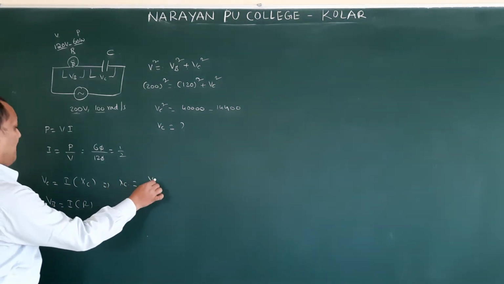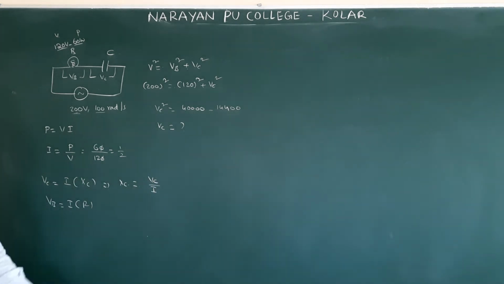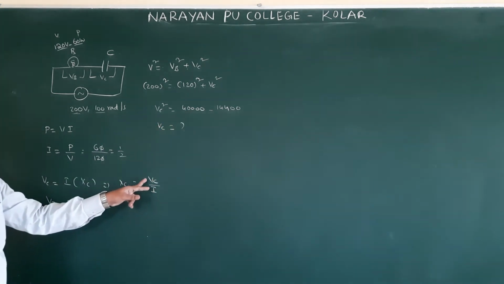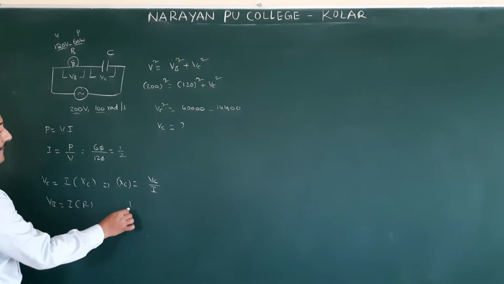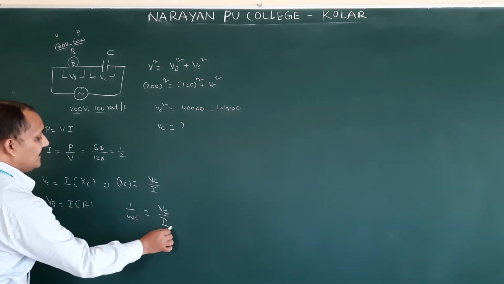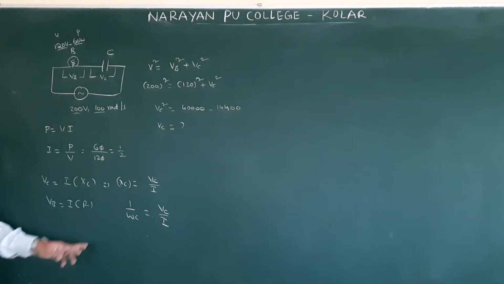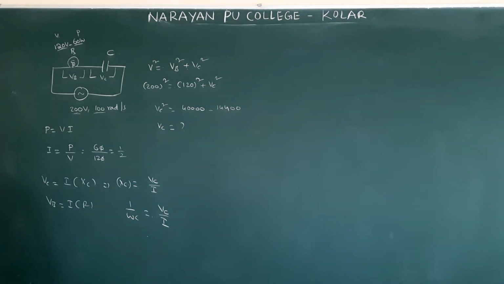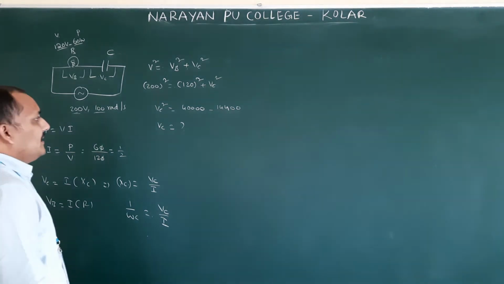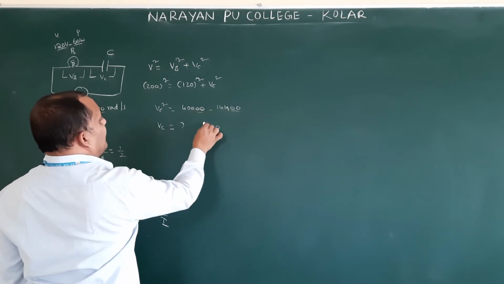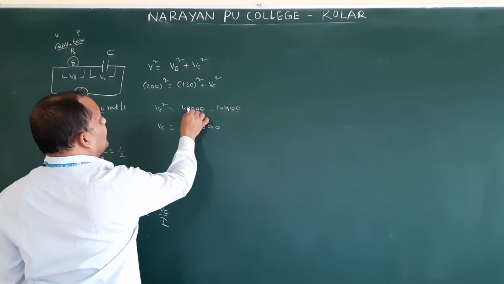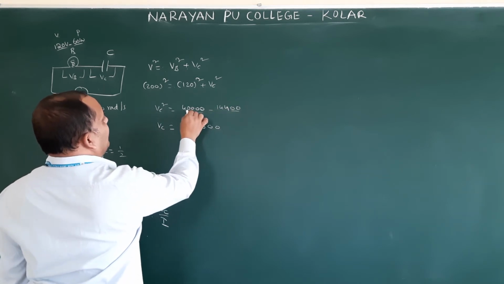XC is equal to VC by I. So we have to substitute after calculation VC by I. I value how much? 1 by 2. Then you will be getting XC. Then XC value 1 by omega C. Omega value is 100. Then you will be getting C value. Just you have to calculate that one because it is going to become some little bit big number. 0 minus 4 means 10 minus 4 6, 9 minus 4 5. Correct only?